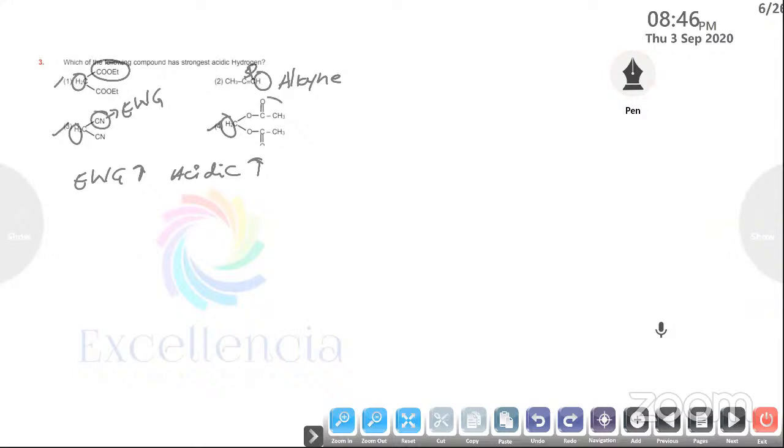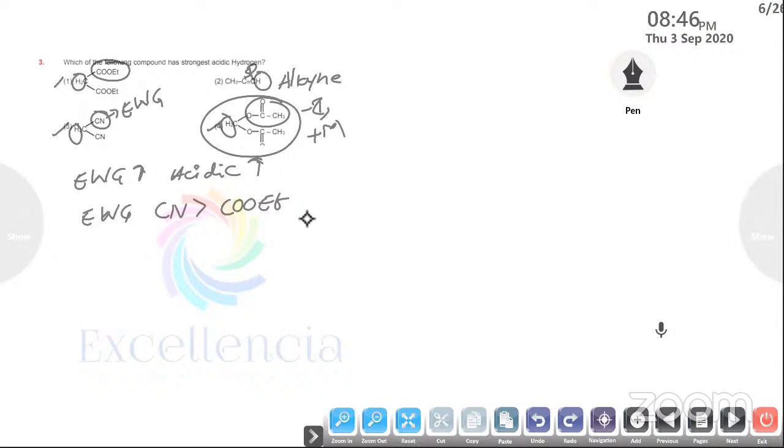But if you see OCOCH3, in terms of inductive effect it is minus I, but in terms of mesomeric effect it is plus M. So anyhow, it is not so electron withdrawing. So you can remove the fourth option. Now you are left with two options, COOEt and CN. CN is the stronger electron withdrawing group. So the electron withdrawing nature of CN is greater than COOEt. So that's why we can say the third option has the more active, more acidic hydrogen.